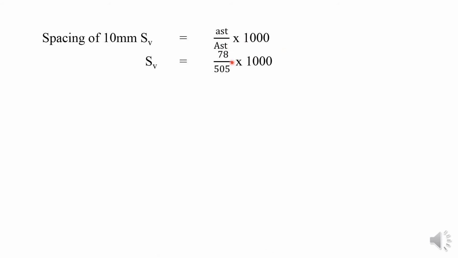For the main reinforcement we use a 10 mm diameter bar. So spacing calculation, spacing Sv is equal to small ast divided by capital Ast into 1000. Small ast we calculate by pi d square by 4, that is pi into 10 square divided by 4, divided by Ast 505, into 1000. So Sv is equal to 154 mm. So provide 10 mm diameter rod at 150 mm center to center.